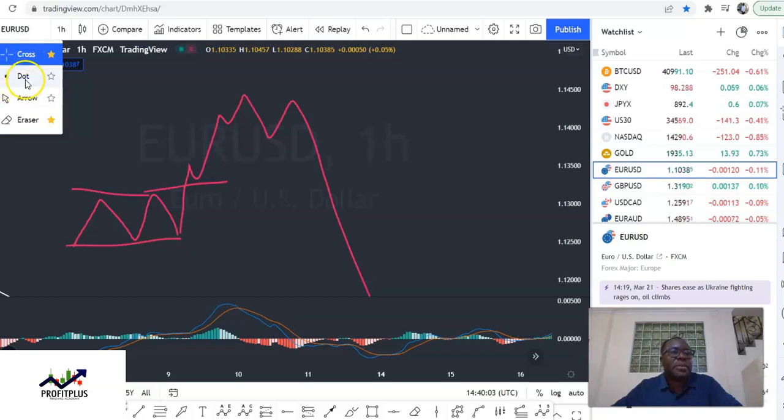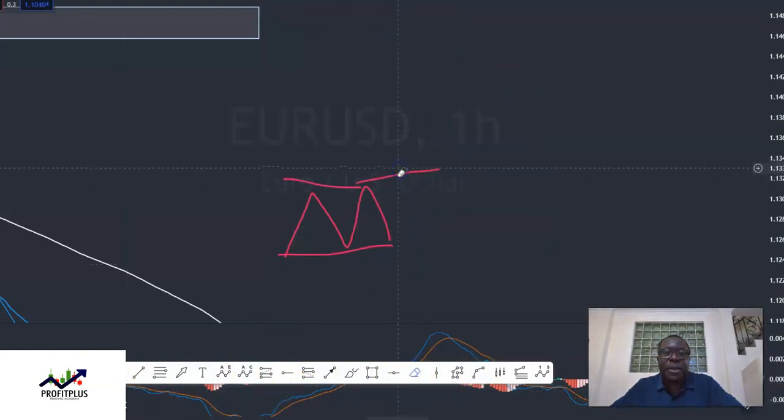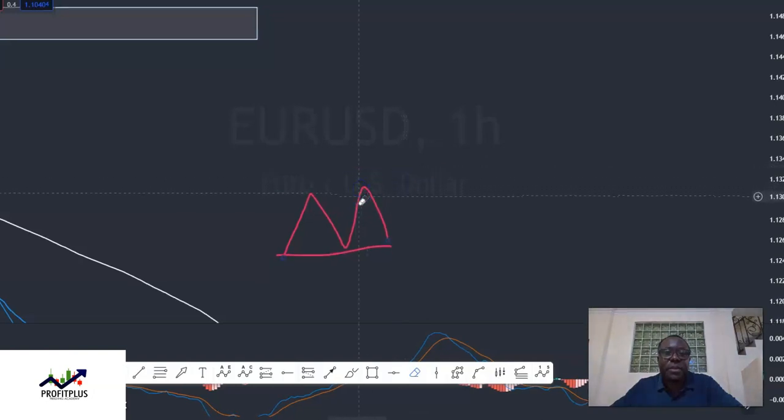All right, I want to do a drawing here. If you look at these points, if you look at this place, I want to just draw it again.